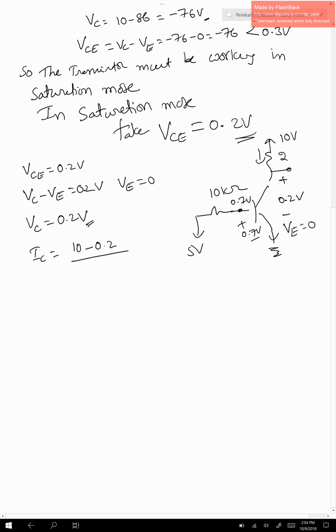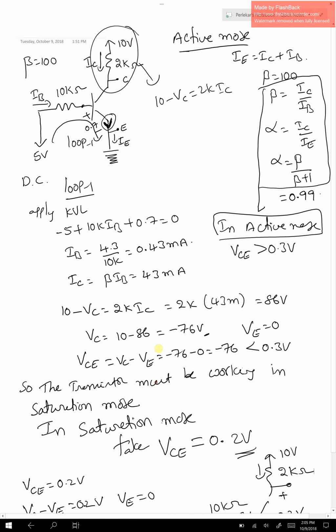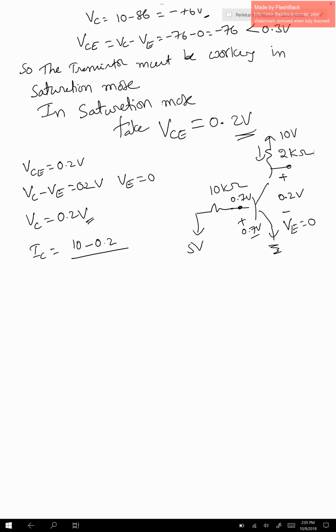I believe it's a 2 kilo ohm from the previous. If you look at the main circuit, we have RC equal to 2 kilo ohms. If I use that formula, I will end up with IC equal to 4.9 milliampere. And VB equals 0.7 volts.